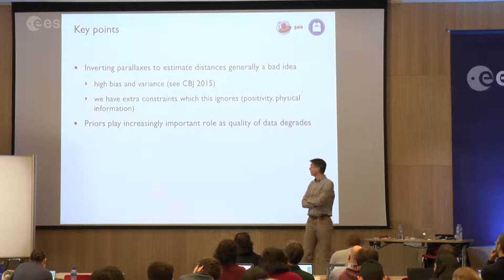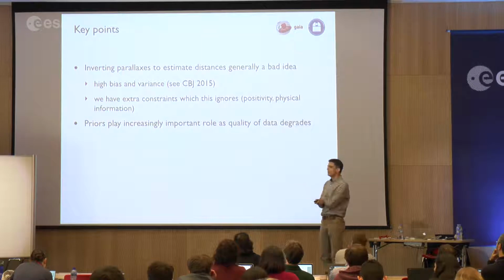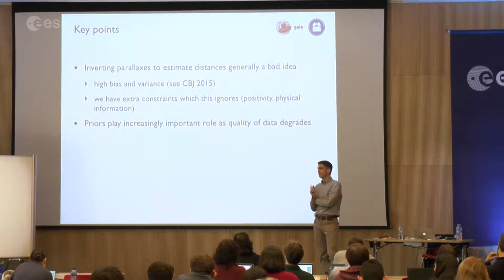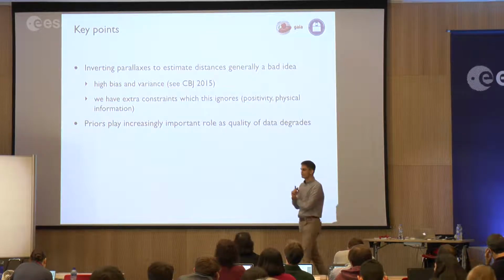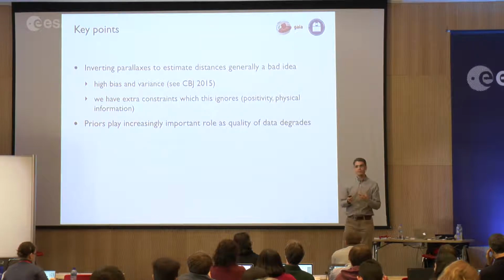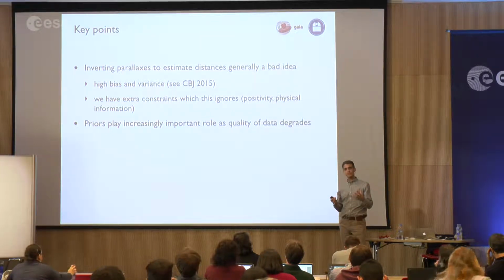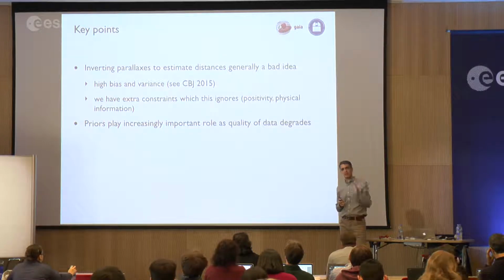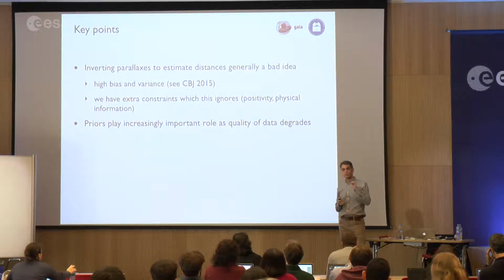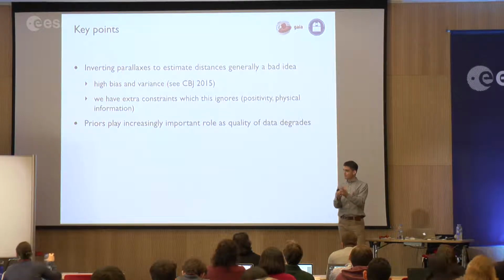So this statement is true because here data degrading doesn't mean less data, it means lower signal to noise. That's an important point. Often you think about better data meaning more data. But what we really mean by better data is better quality data. So it could be more measurements. For example, I could take many parallax measurements of the same star, but it could just be one measurement of the parallax which has a much lower uncertainty.